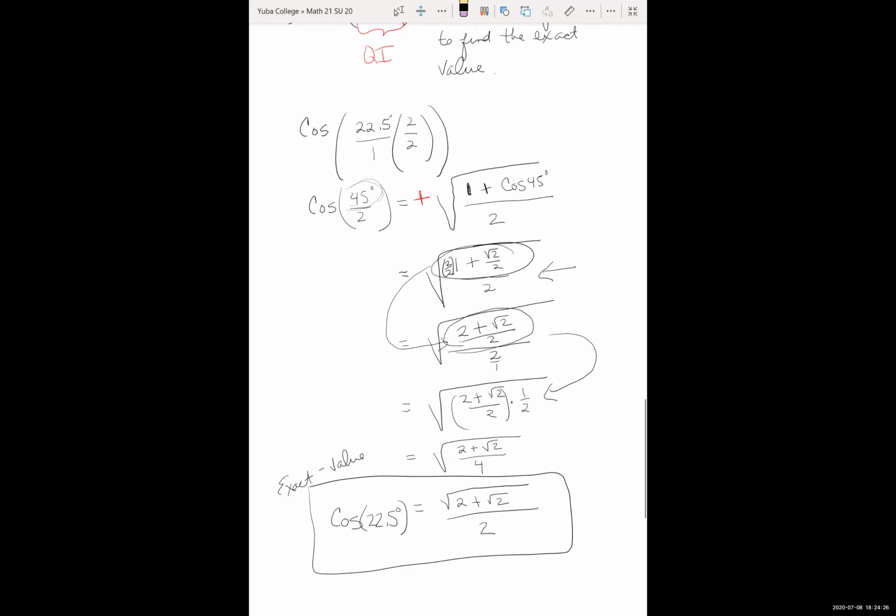And then multiplying 2 times 2 gives me that 4 here. And then the square root of a fraction is the square root of the numerator all over the square root of the denominator, but the square root of the denominator, which is 4, the radical can go away and we can rewrite it as 2. Does that make sense? Yes.